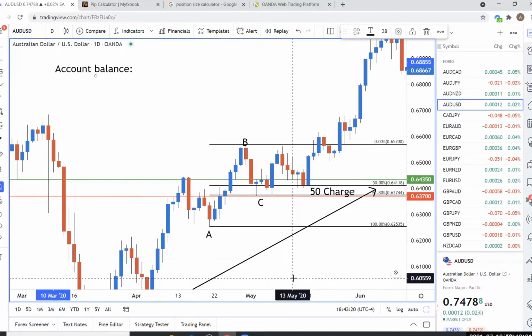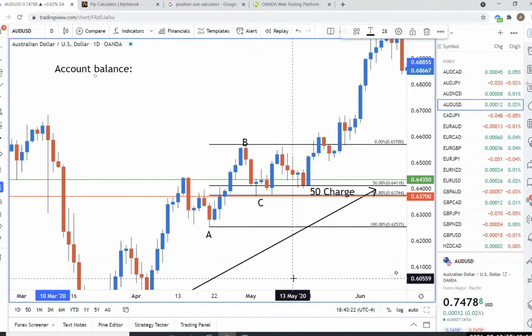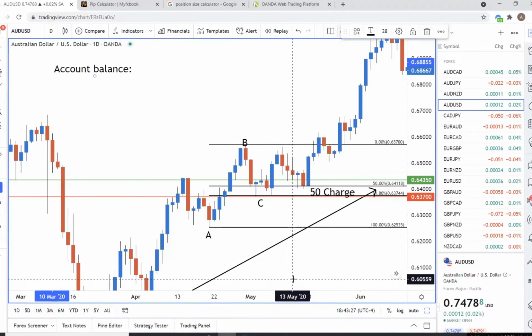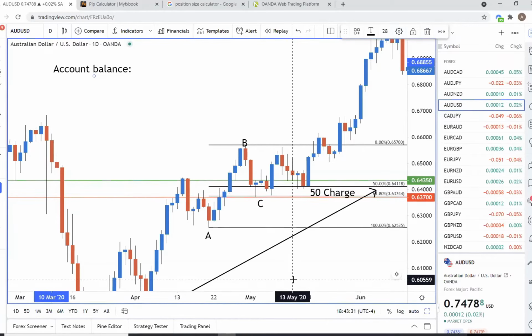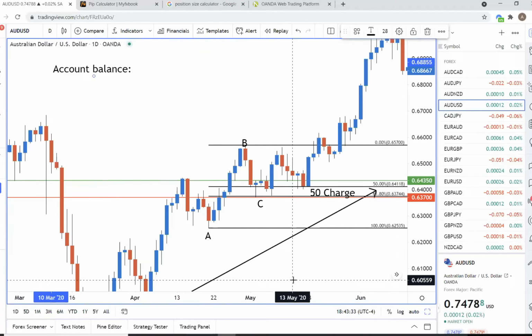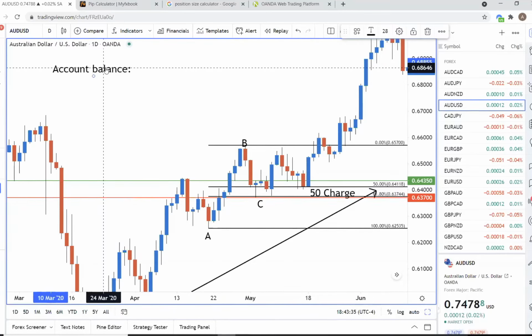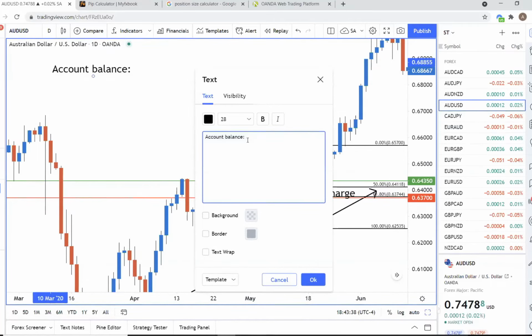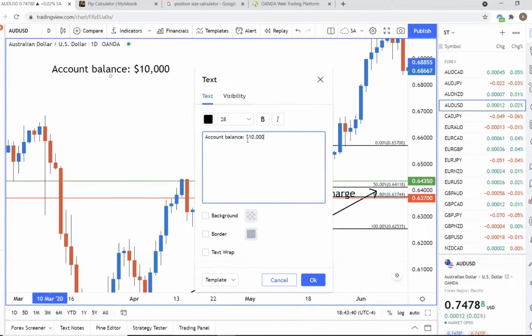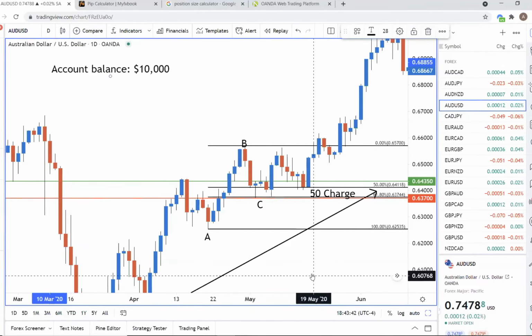If you use something like the NAV, that's going to constantly be changing as the trades that you're in are either gaining or losing, right? So I like to use the balance here, and let's say you open the account with $10,000 just to make the math easy, right?